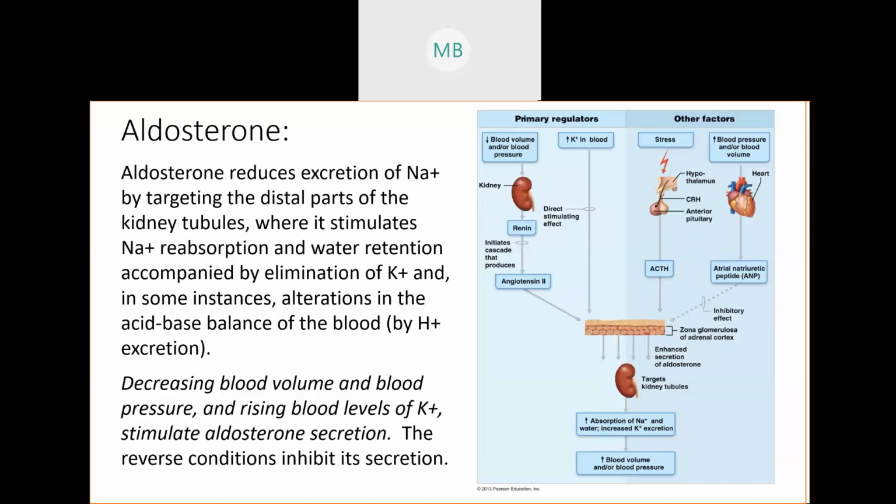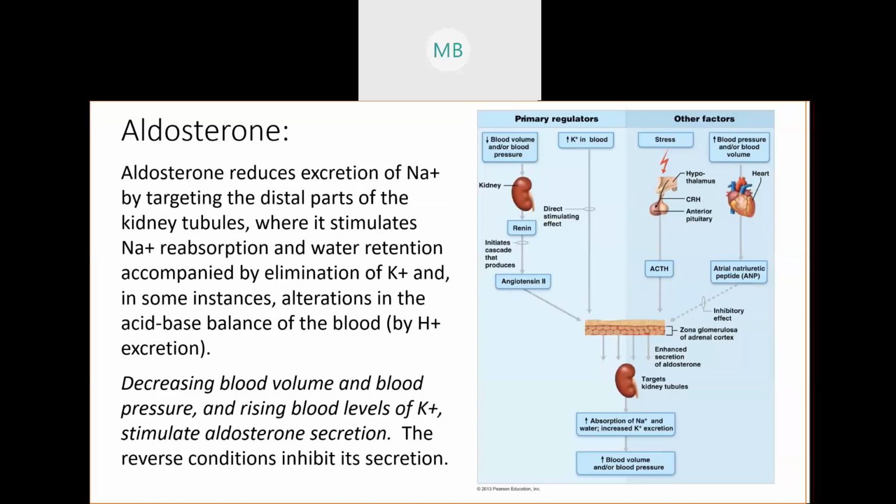Right? So essentially, if we are going to draw arrows for this renin-angiotensin mechanism, because that is the main one that will control aldosterone, your body's going to sense a decrease in blood pressure. It's then your kidneys from there that are going to create this protein hormone called renin. Renin is then going to create something called angiotensin, or angiotensin 2, because you have a few variations of that in your body.